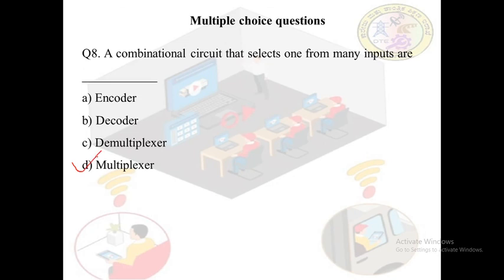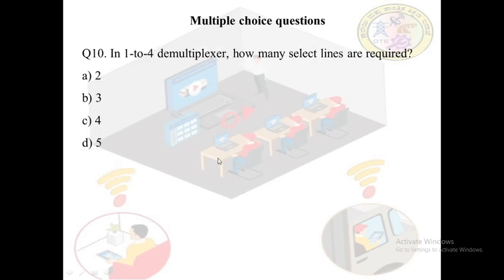Option D is the right answer. Question 9. The combinational circuit that selects one from many inputs is a multiplexer. Option D is the right answer.